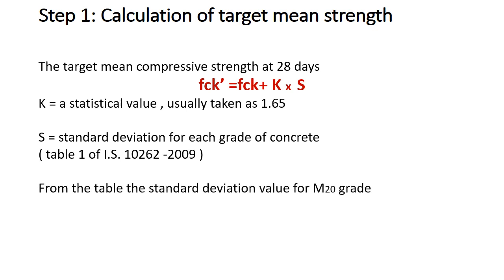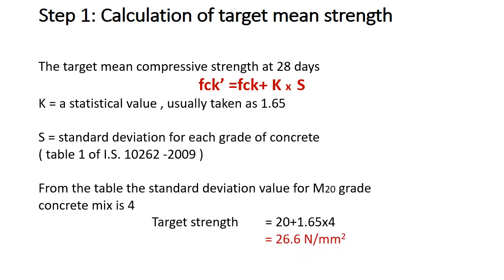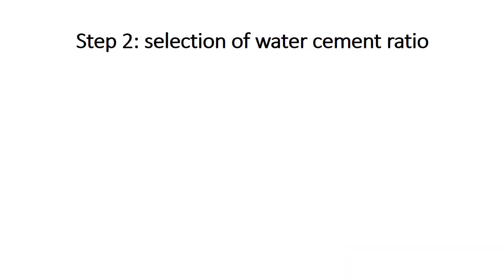From the table, the standard deviation value for M20 grade concrete mix is 4. So the target strength will be equal to 20 plus 1.65 into 4. I'll get the value of 26.6 Newton per mm square.